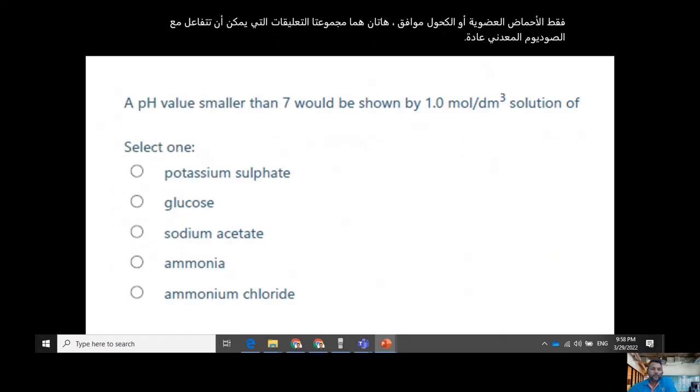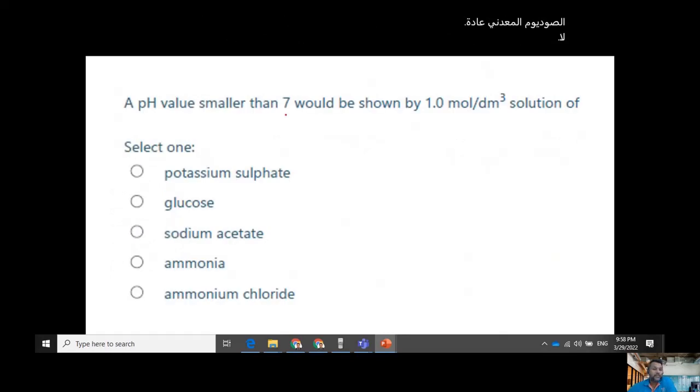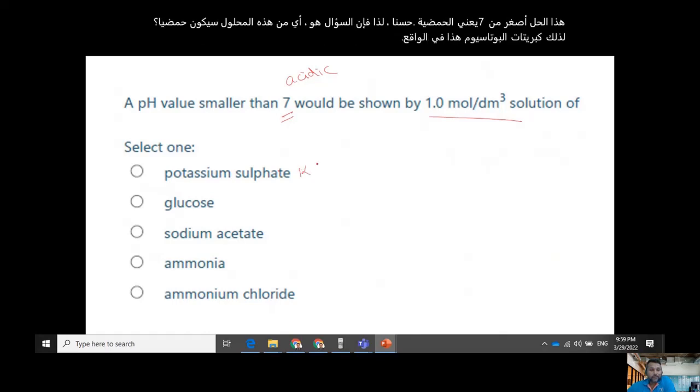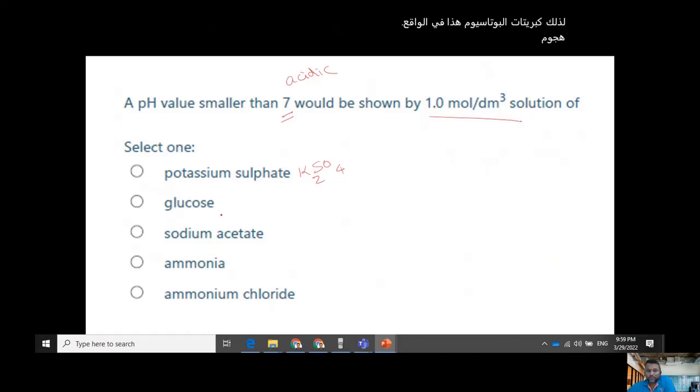Now, a pH value smaller than 7 would be shown by this solution. Smaller than 7 means acidic. Okay, so the question is which one of these solutions would be acidic? So potassium sulfate, that's actually a salt from strong acid and strong alkali, so it will be completely neutral.